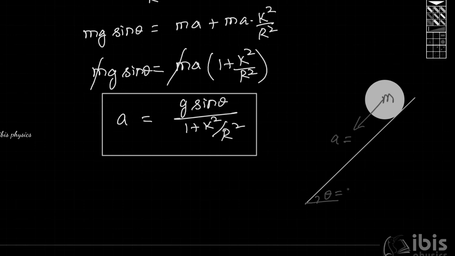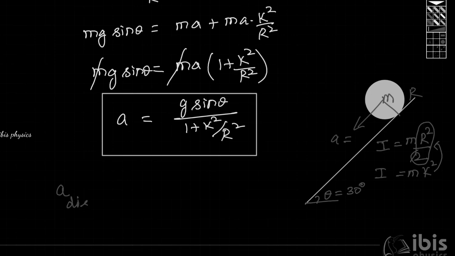If this theta is 30 degrees and this is a disk of radius r, the moment of inertia of a disk can be written as m r square by 2. Here any moment of inertia is m k square, where k square here is r square by 2. Then the acceleration of a disk down an inclined plane will be g sine 30 degrees, because we have assumed that this angle is 30 degrees, by 1 plus k square, here r square by 2, by r square.